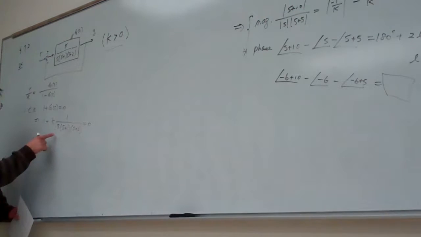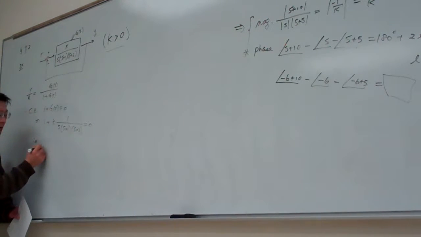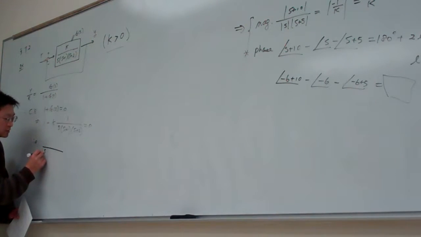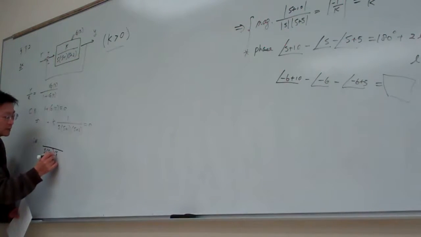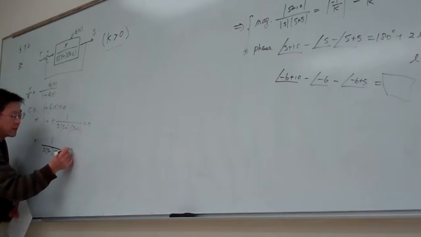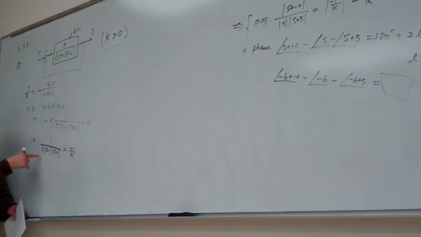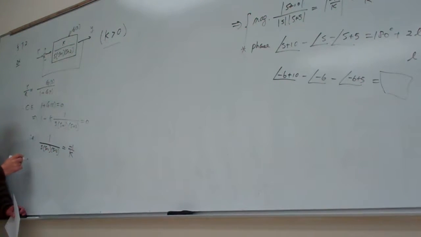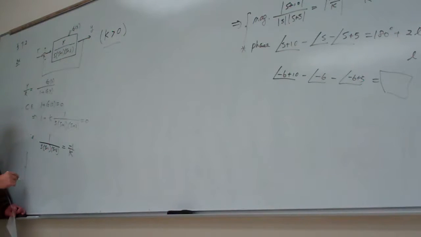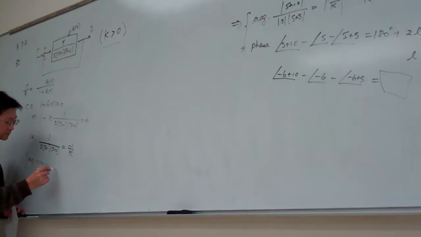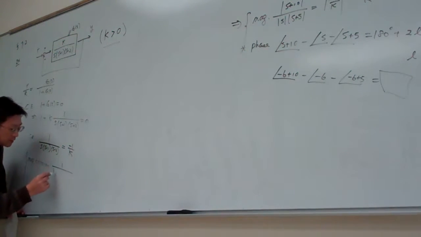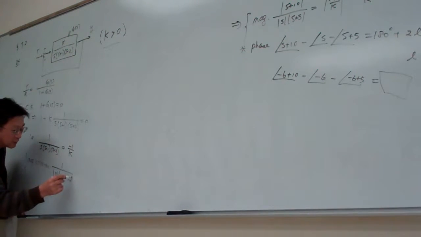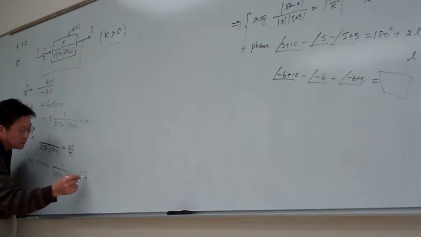So here, if we want to solve for the roots of this one, again, let me rewrite. So here is 1 over s(s plus 1)(s plus 2) equal to minus 1 over K. From this equation, we put it into the magnitude criteria, which means the magnitude of s, the magnitude of s plus 1, and the magnitude of s plus 2 multiplied together equal to this.